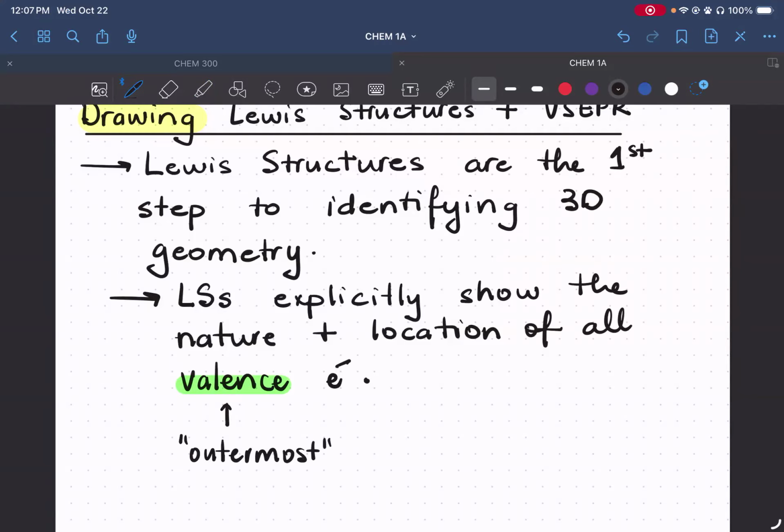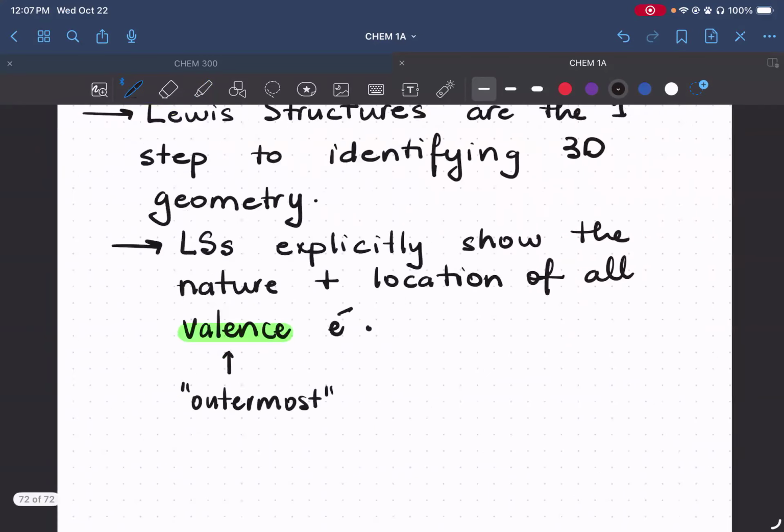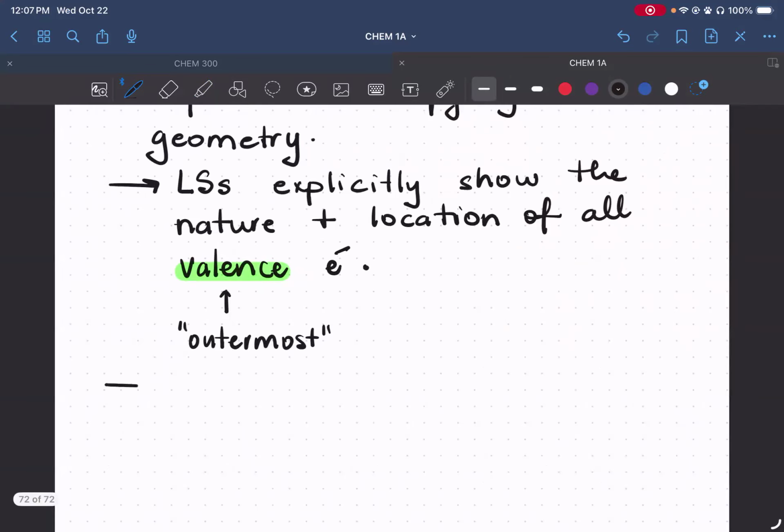We've talked about how atoms, like a planet, have rings around the nucleus, and it's in these rings where the electrons can be found. The outermost ring is where the outermost electrons can be found. Valence electrons have a direct correlation to an element's group number.